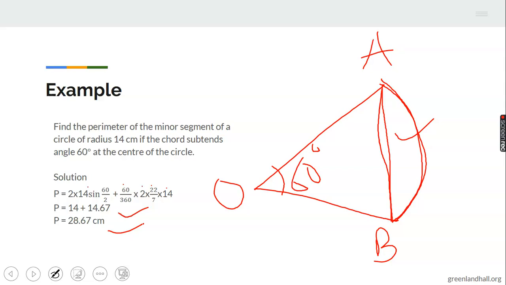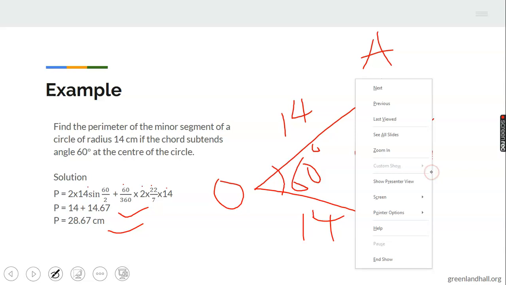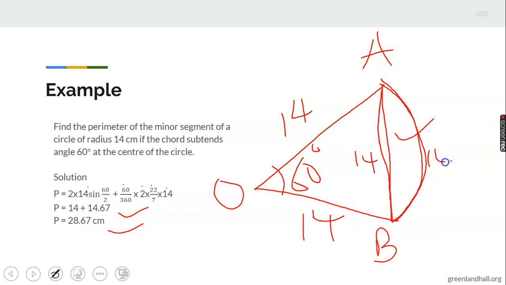So that's the answer. The chord is 14. You can see it's an equilateral triangle again. Here is 14. And this place is 14. The arc is 14.67 centimeter. So adding these two together gives us the same answer.